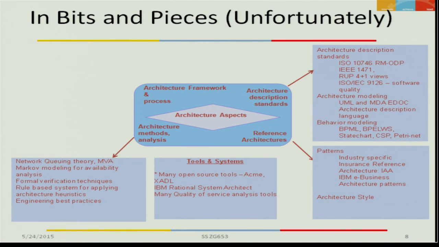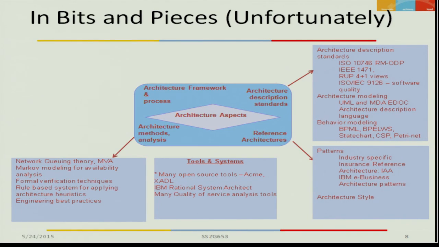There are various patterns, industry-specific patterns, different reference architecture examples like IBM e-business architecture patterns, examples like insurance architecture, which is a reference architecture. An example of reference architecture could be HIPAA architecture.